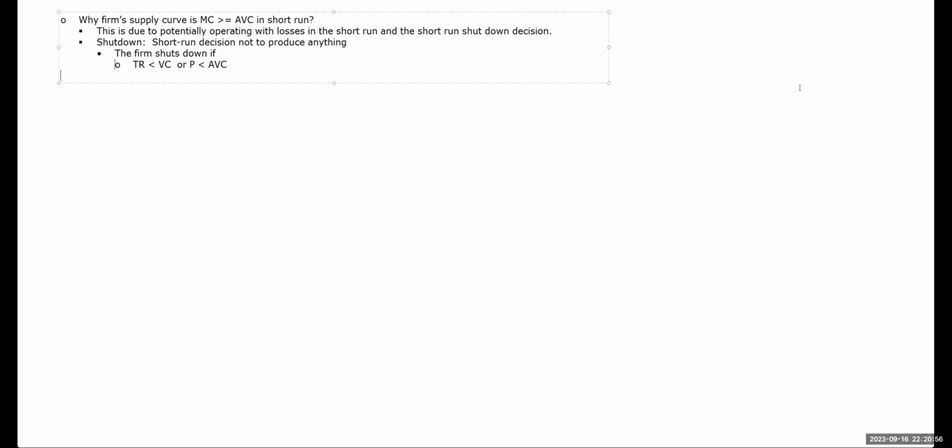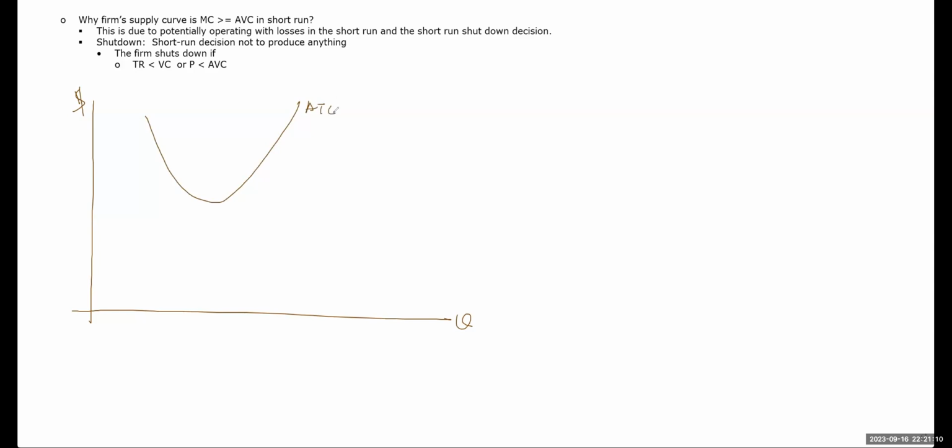So for a firm, what I'm going to assert to you is the following. Let me draw this out. Quantity, dollars, average total cost, average variable cost, 2 U's and a J, marginal cost. What I'm going to assert to you is the following.